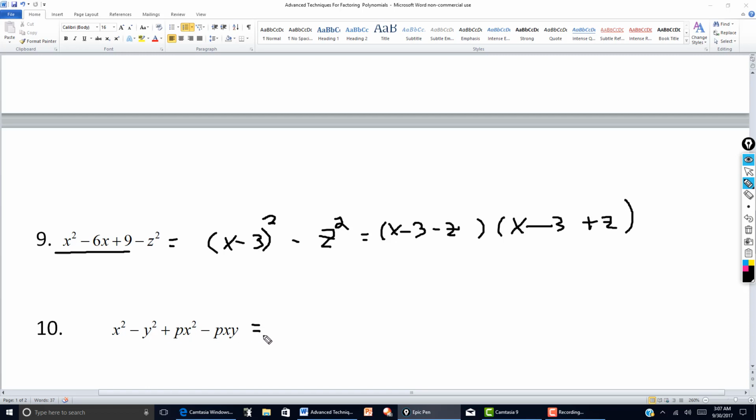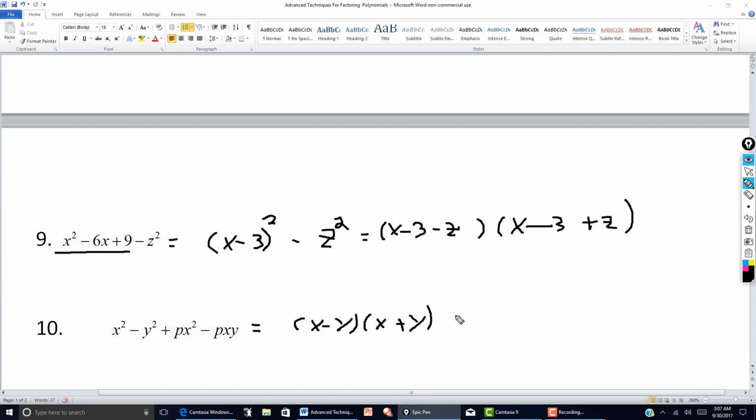In this particular case, I made it a little bit easier because I'm just going to look at the first 2 terms as a difference of squares: x squared minus y squared factors into x minus y and x plus y.